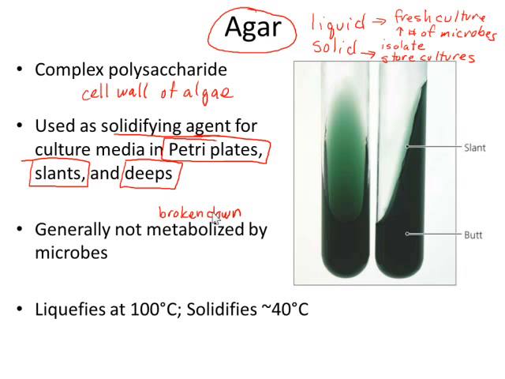Microbes lack the enzymes to break down agar. If they had the enzymes to break down agar, no longer would the media be solid, right? It would be liquefied. Every semester, I can't tell you how many students get this wrong on the exam when I ask about agar. It cannot be broken down. Hence, that's why it makes a good solidifying agent.